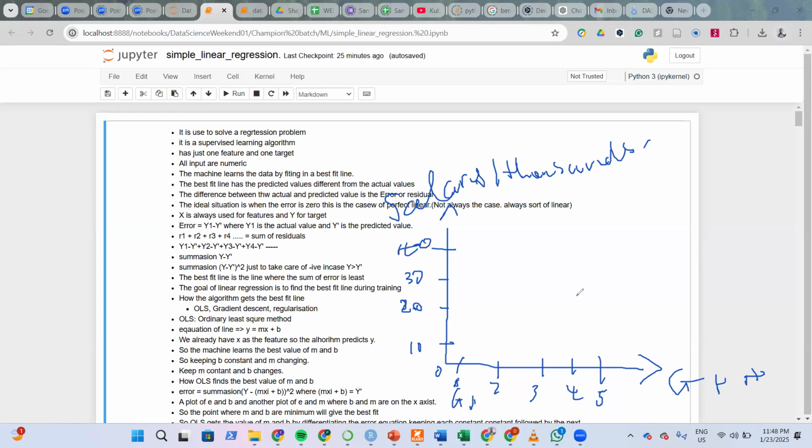So let's assume that we have our data points plotted like this.